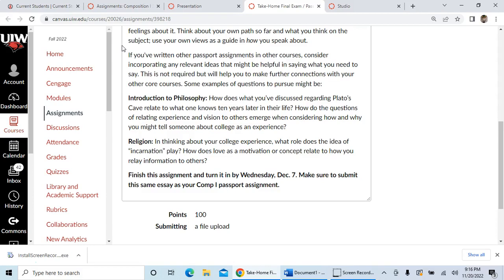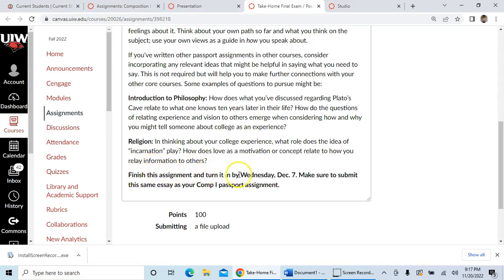How do the questions of relating experience and vision to others emerge when considering how and why you might tell someone about college as an experience? How and why? Okay. Religion. In thinking about your college experience, what role does the idea of incarnation play? How does love as a motivation or concept relate to how you relay information to others?